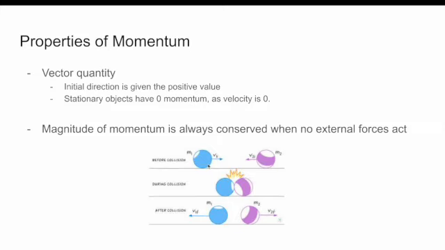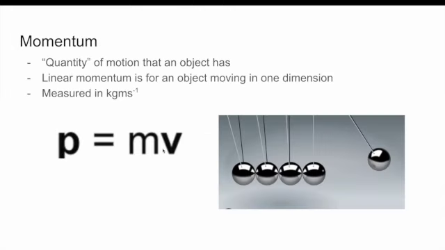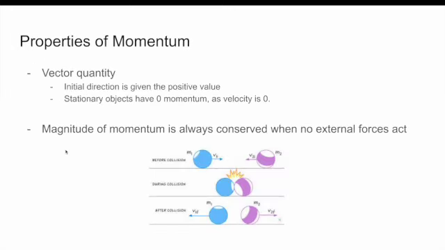Stationary objects have zero momentum because the velocity is zero, and if we look here, anything times zero is equal to zero. So that's basically the fundamental part of momentum. Now, the main part of that you need to know for IB physics is that the magnitude of momentum is always conserved when no external forces act.